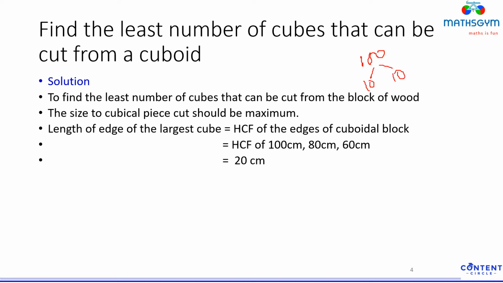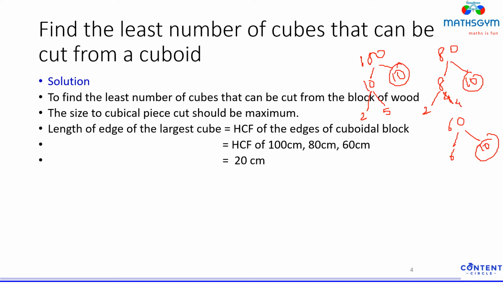However, if you are not very confident how it comes, we will take out 10 and 10. 100 can be written in the factor tree as 10 and 10. 80 can be written as 8 into 10, and 60 can be written as 6 into 10. Now we can figure out that 10 is common in all of them. Are there any other common factors? If I split this 10 as 2 into 5, this 8 as 2 into 4, and this 6 as 2 into 3, we also figure out that 2 is a common factor.